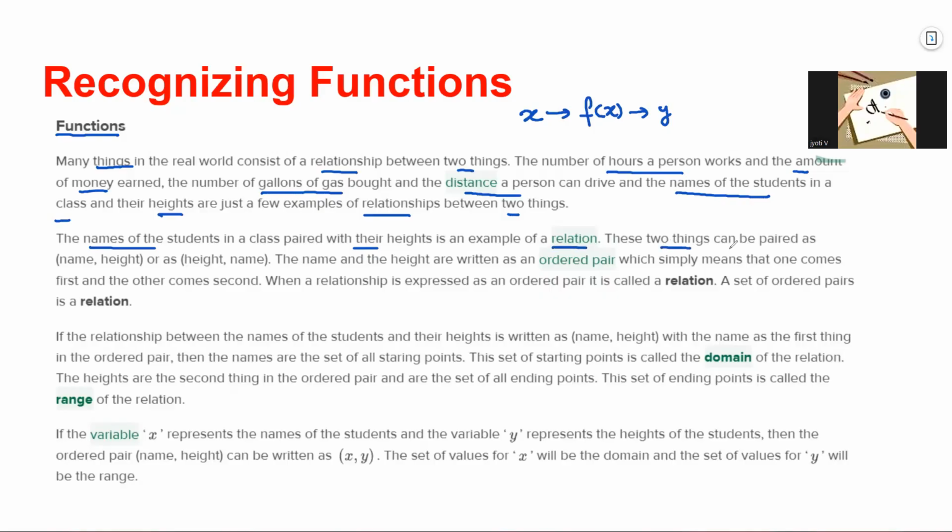These two things can be paired, such as name comma height or height comma name. The name and height are written as an ordered pair, which simply means that one comes first and the other comes second. When a relationship is expressed as an ordered pair, it is called a relation.